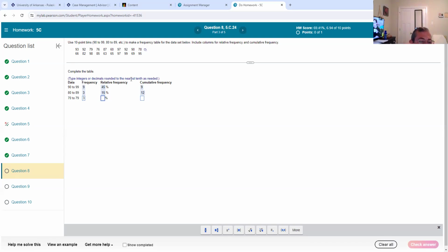And y'all, since I had a 3 right above it, I'm going to put a 15 again for that. And how about that cumulative frequency? So let's see, Morgan, you got a 15 there. 12 and 3 is definitely 15.